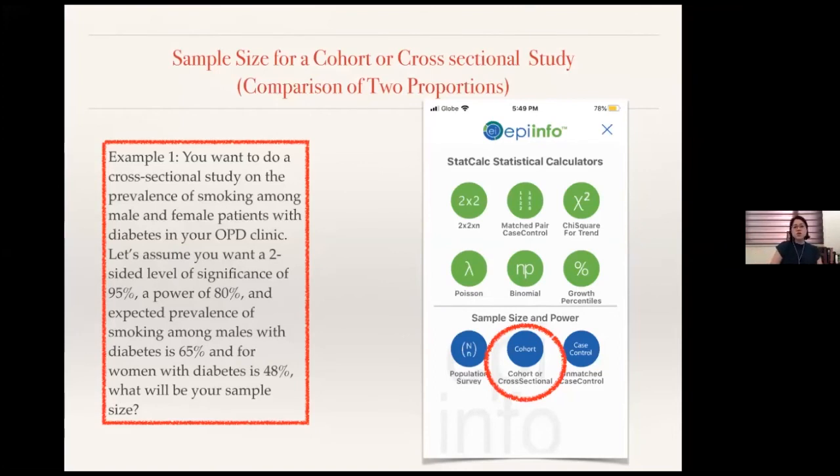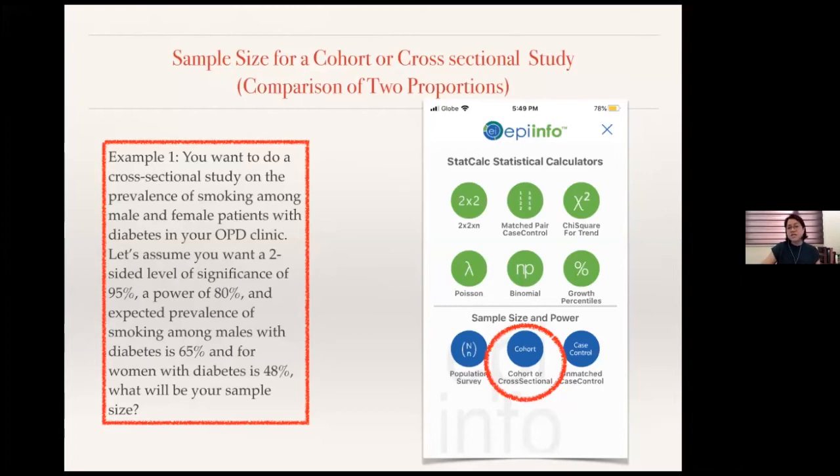So you assume that it's 95%, you dictate that you want a power of 80%, and based on a different study, let's say 10 years ago, somebody else made a study in your institution and said that males with diabetes, 65% of them smoke, while women with diabetes, only 48% smoke. So what will be your sample size?